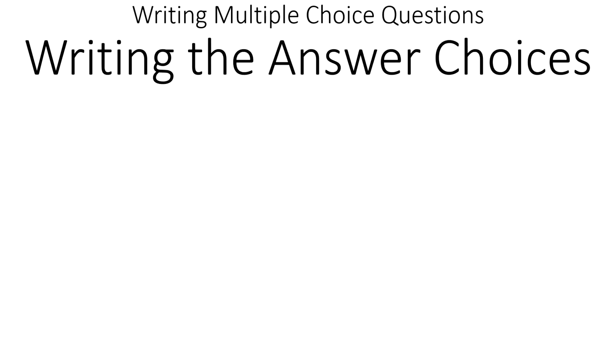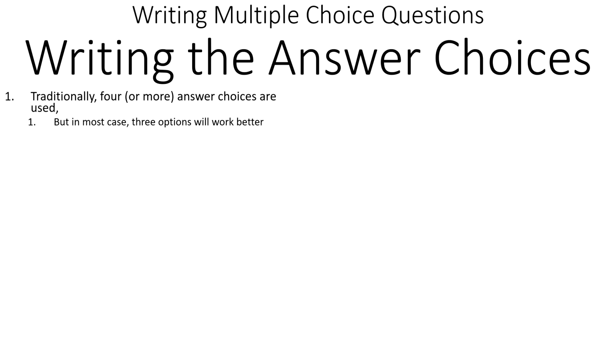Writing the answer choices. This is one I have found interesting: usually it's 4 choices, sometimes 5 choices. However, research shows that 3 options are more than enough in most situations.